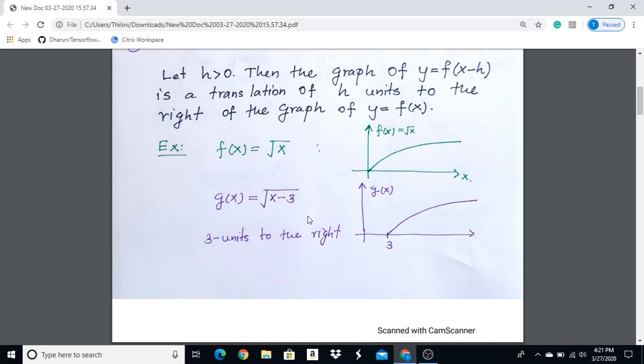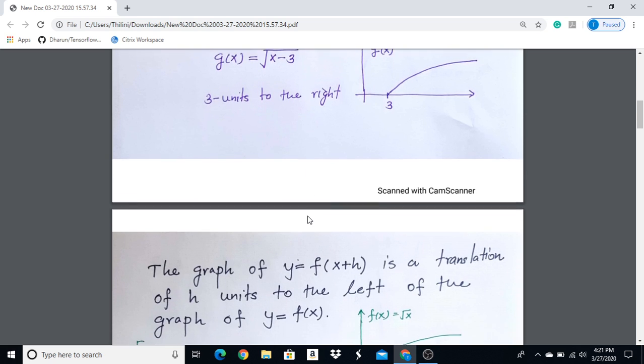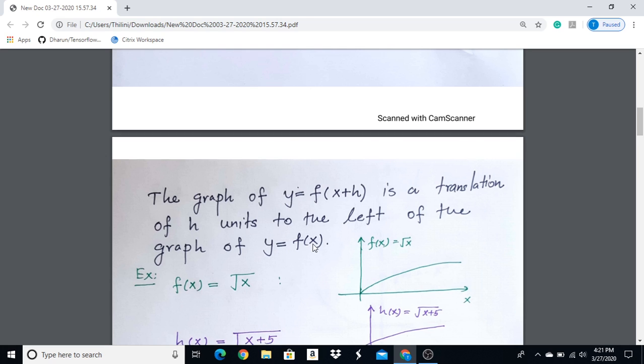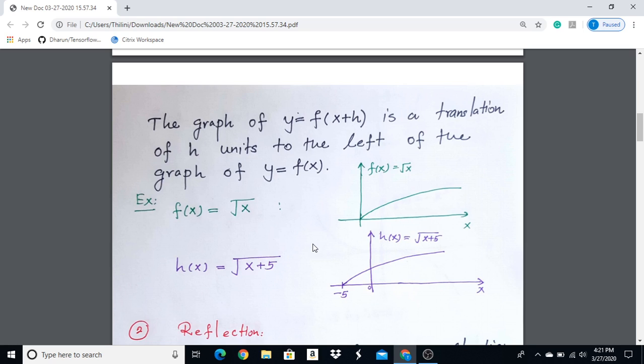Now the other case is the graph of y equals f of x plus h. Instead of x minus h, here we have x plus h. So this is a transformation of h units to the left of the original graph. Now let's look at the same example.